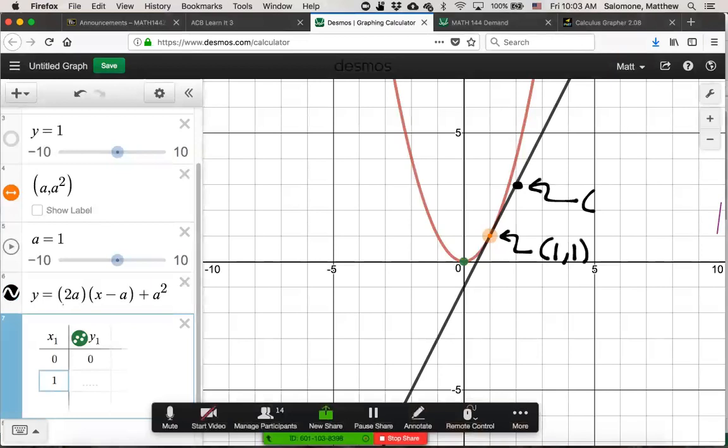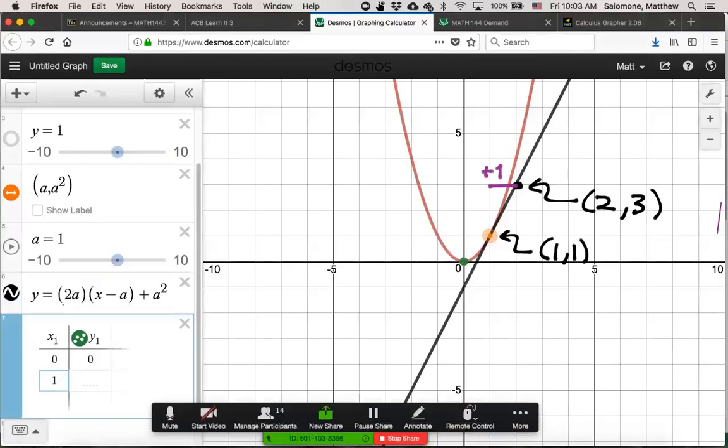This would be the point 2, let's see, what is that? Actually, is it 2 comma 4? No, sorry, it's 2 comma 3. I knew something didn't feel right there. There we go. So between those 2 points on my line, what I just need to do is compute the slope. And the slope is always a ratio of rise over run. The run here is +1.